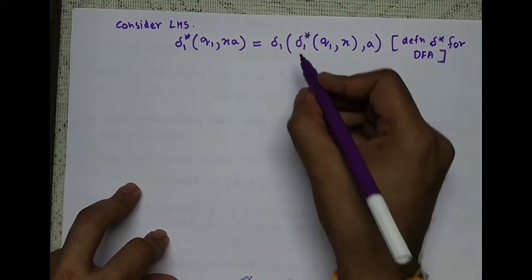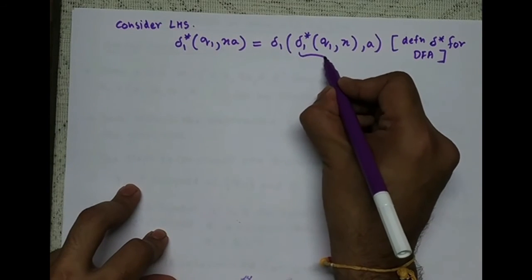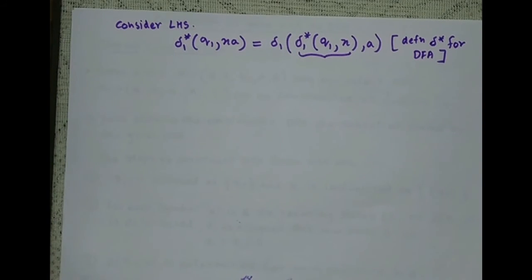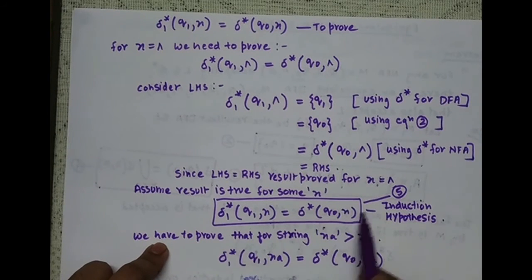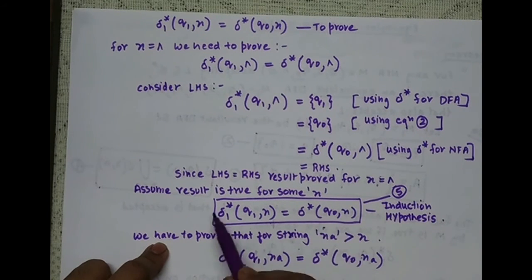Now you see this part. When you compare it with the induction hypothesis, in which we have assumed the result to be true, that del 1 star of q1 comma x is equal to del star of q0 comma x, wherever del 1 star of q1 comma x is there, I can easily replace it with del star of q0 comma x.